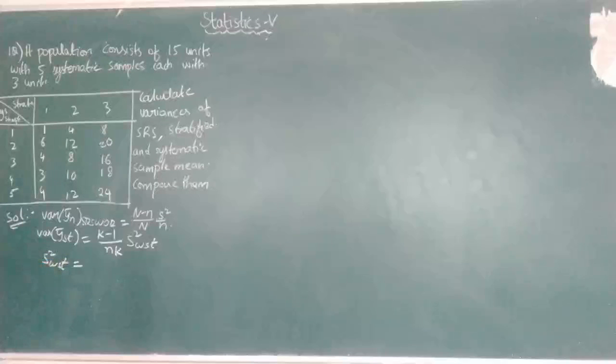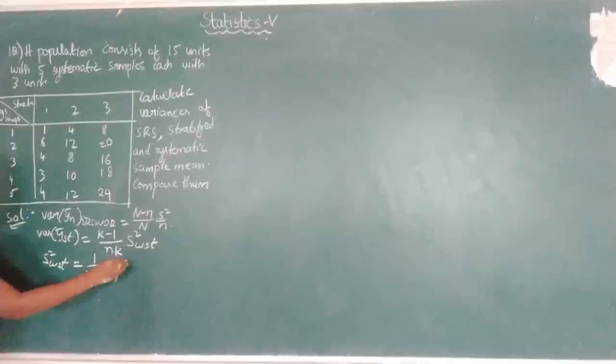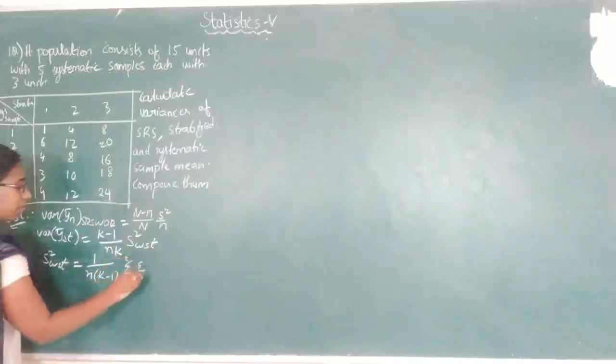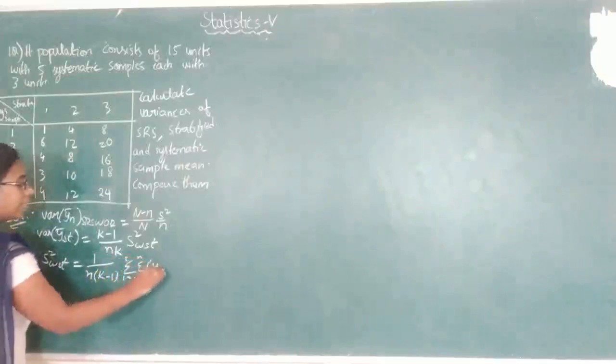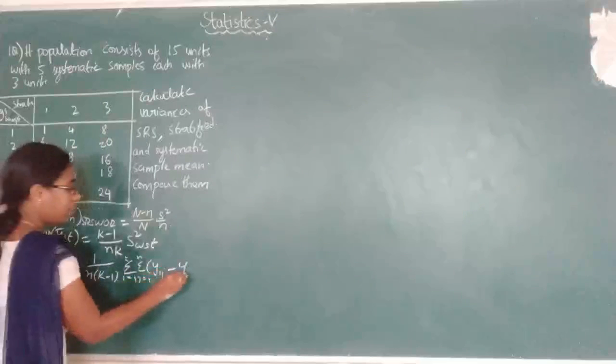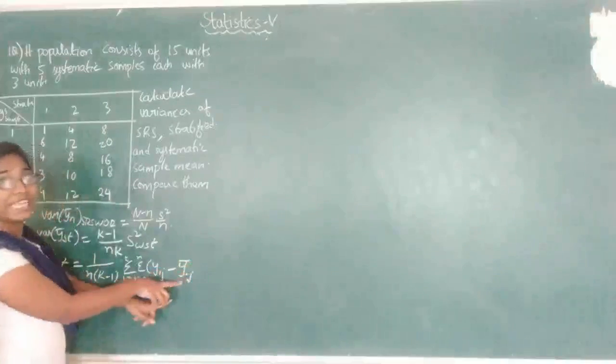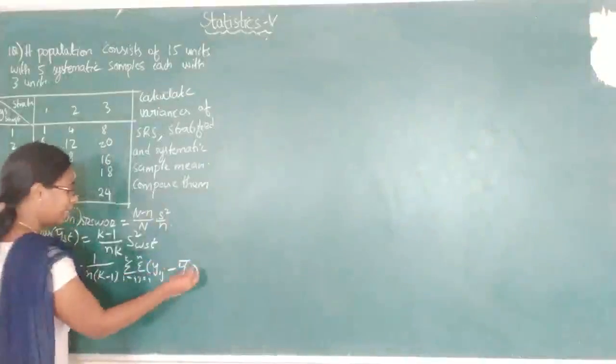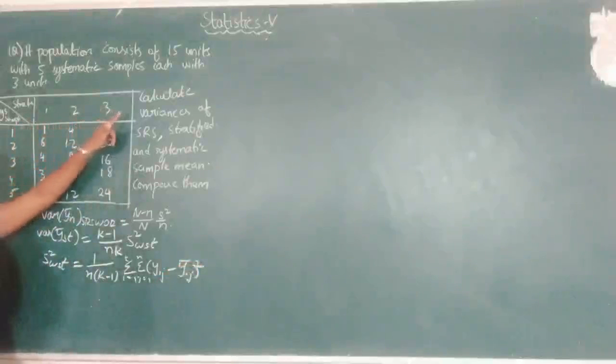It is 1 by n into (k minus 1), summation i equals 1 to k and j equals 1 to n, yij minus y dot j bar. Here we consider the mean of the jth stratum, not the ith. Here i indicates the systematic sample, and these are the strata, that is j. That's why we consider the jth stratum.